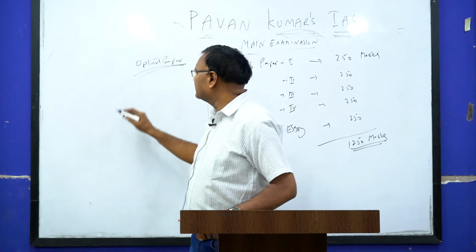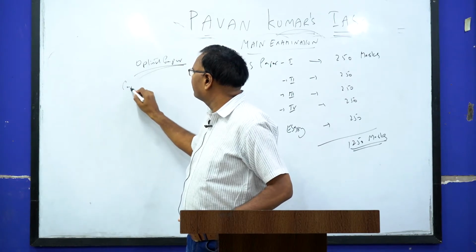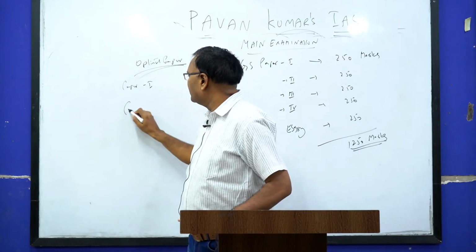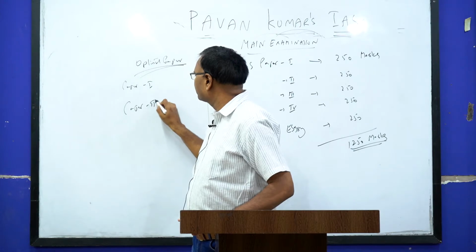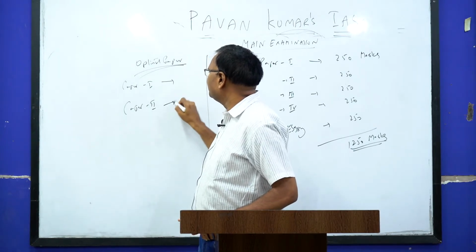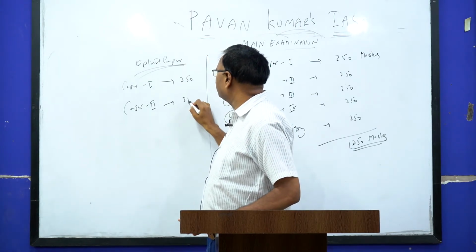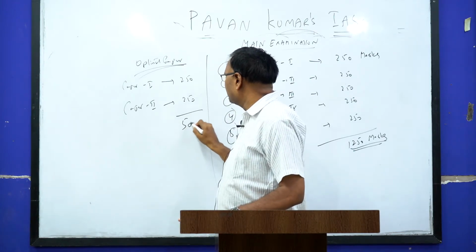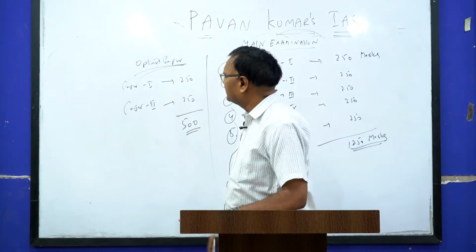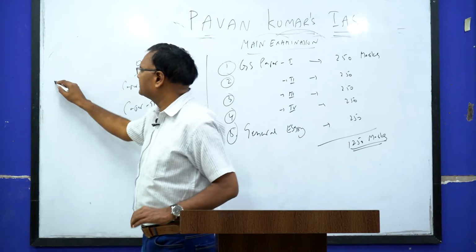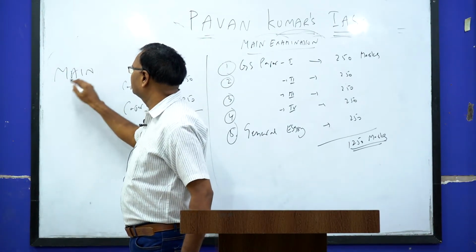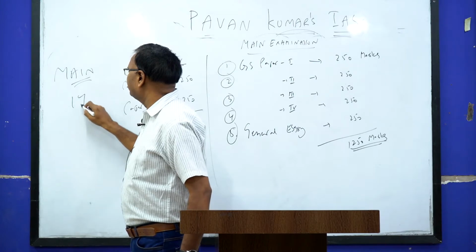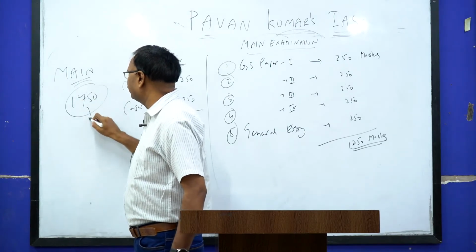In optional also you have 2 papers, paper 1 and paper 2, and each of them will again carry 250 marks each, 500 marks. So totally in the main examination you have 1750 marks.